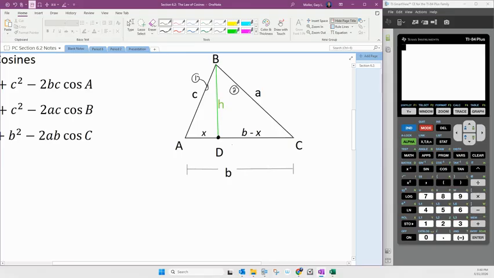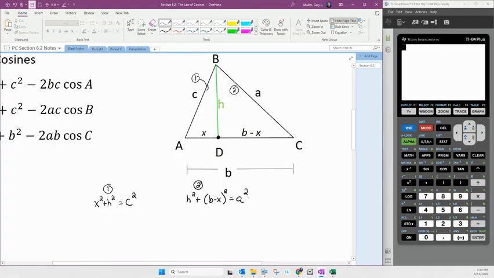All right, so with that established, I can talk about triangle 1. I know that the leg squared, so x squared plus h squared would have to equal c squared. And then triangle 2, I could say that h squared plus b minus x, the quantity squared, has to equal a squared.